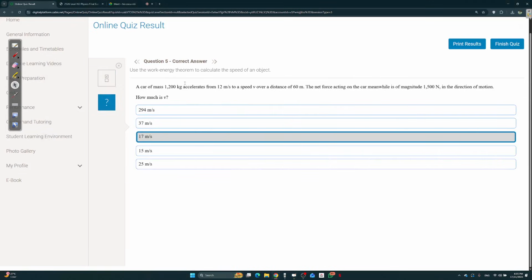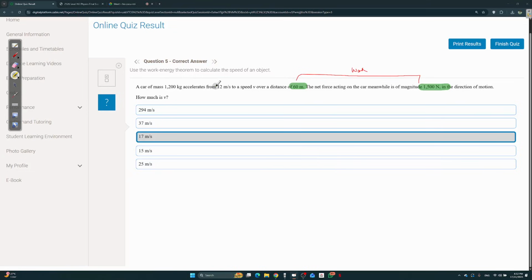Q5, a car of mass 1200 accelerates from 12 to a speed v over a distance 60. The net force acting on the car is 1500 newtons. How much is v? Anytime you see a force and a distance, that means you can find the work. So the whole trick here is when you see the force and the distance, you see work.